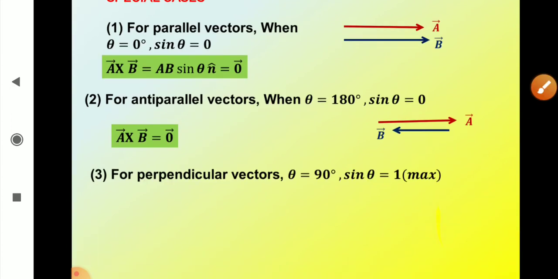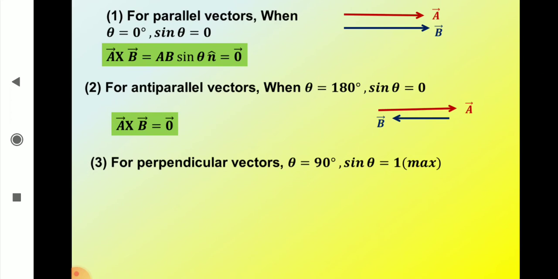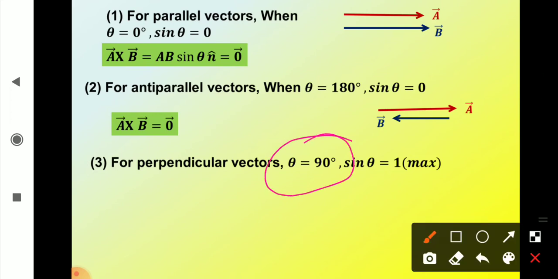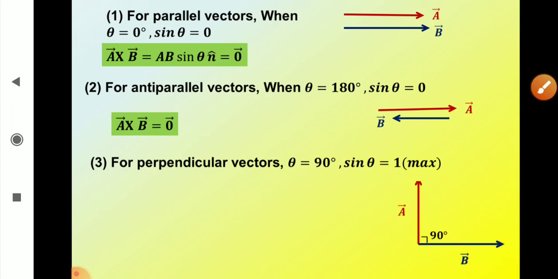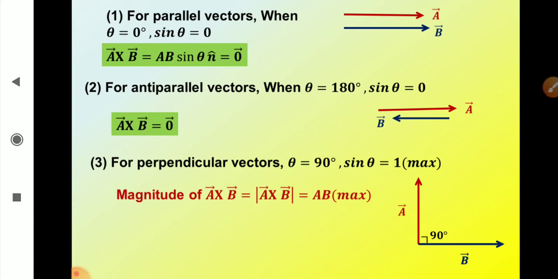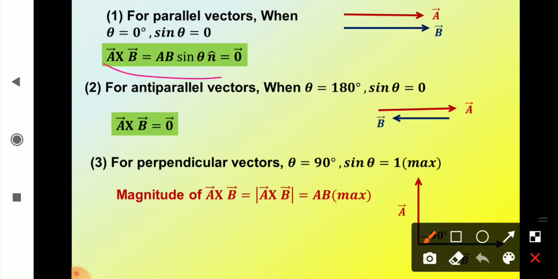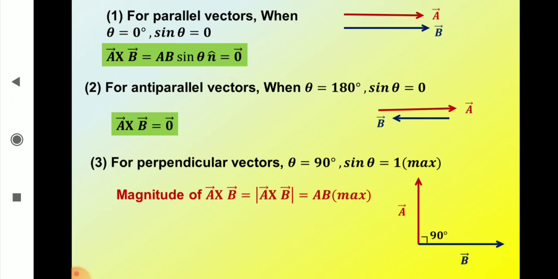Now, for perpendicular vectors, theta is 90 degree. When this theta is 90 degree, then the magnitude will be maximum. Let's see here, the magnitude of A cross B will be maximum. Just see, magnitude will be maximum AB, and direction will be given by the right hand rule only.